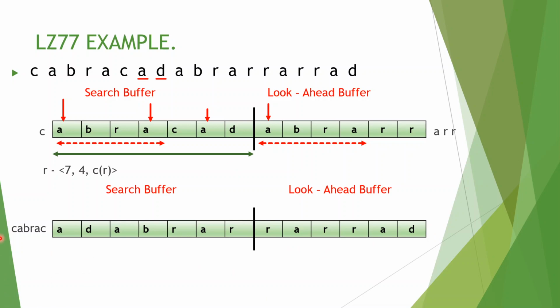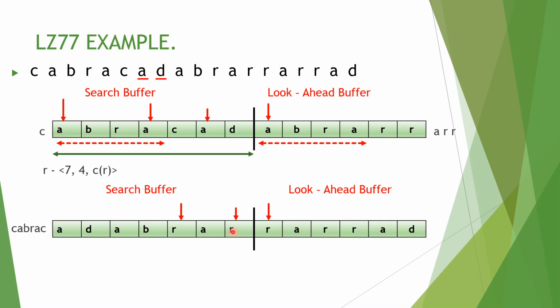Now in that, firstly point out the first symbol R, and search that R in the search buffer. So here R is here and the second R is here. Here we found two R. Now after R, which symbol is there?